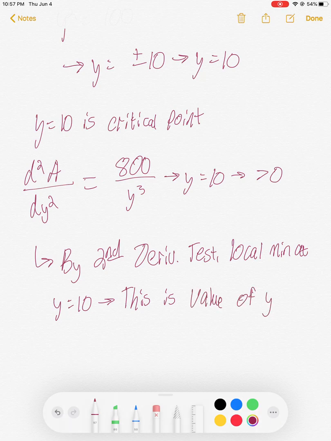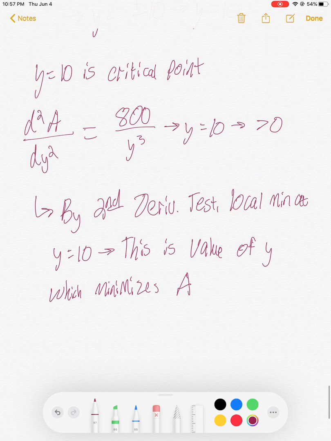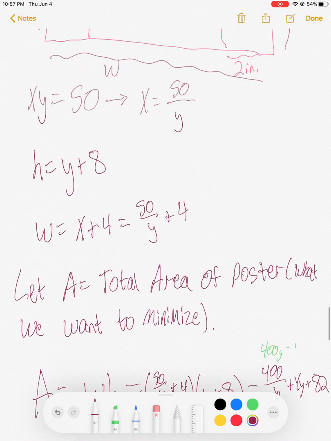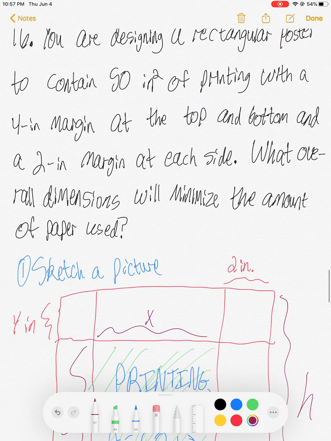Local min at y equals 10. So this is the value of y which minimizes area. And that's what we want. Remember, that's what we want.